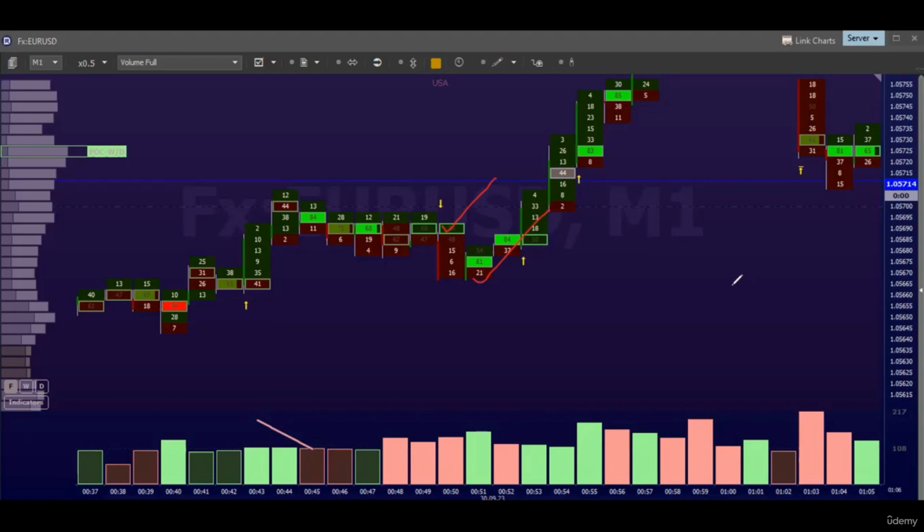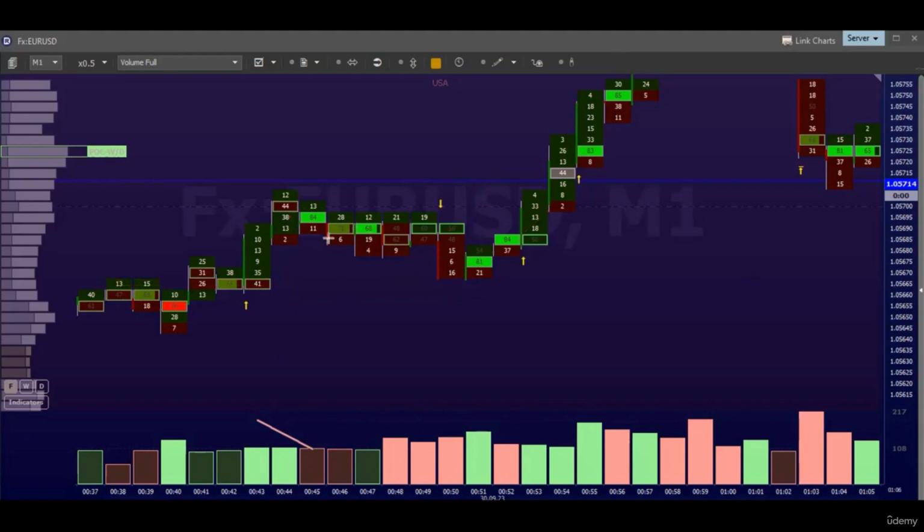The sellers failed here. The sellers exactly closed at the buyer's area and POC. See this one. Okay, POC. And it's not a strong downtrend market.